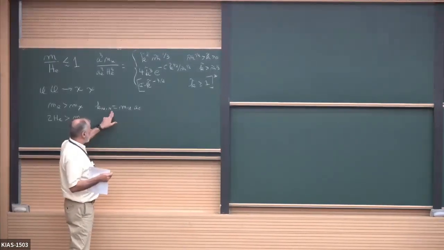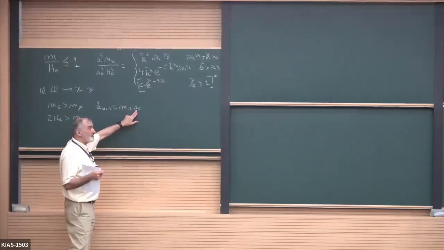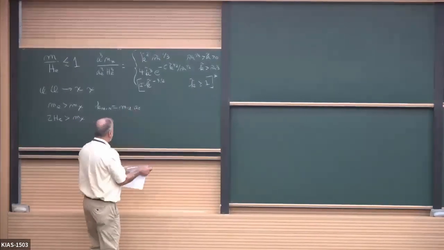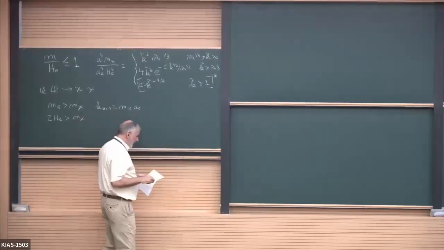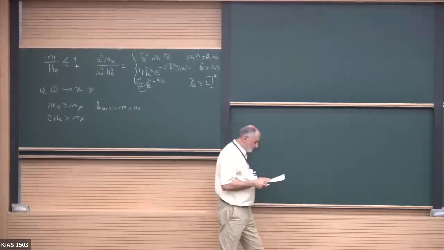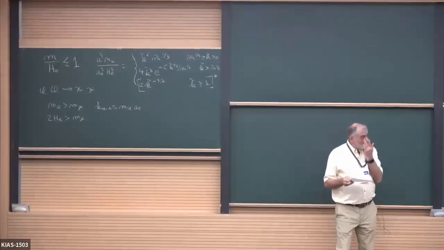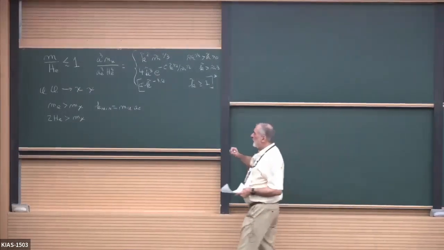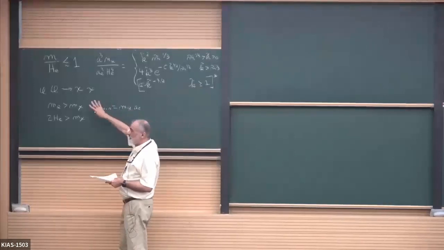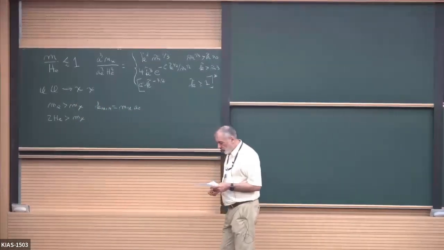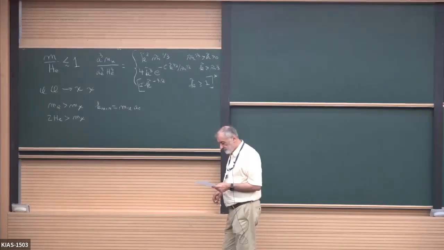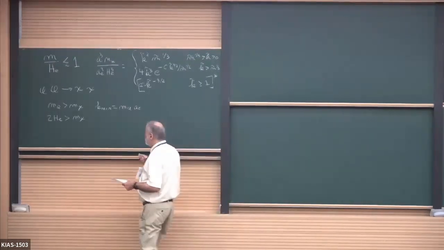And so k is equal to m phi times a. The smallest value of a would be a at the end of inflation. So this 2-to-2 scattering, the Boltzmann approach, is not as general as the Bogolubov calculation. Okay.